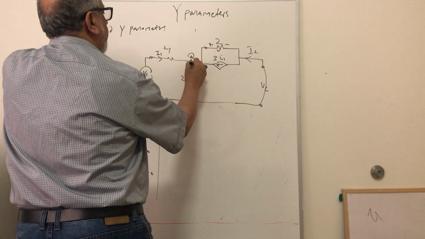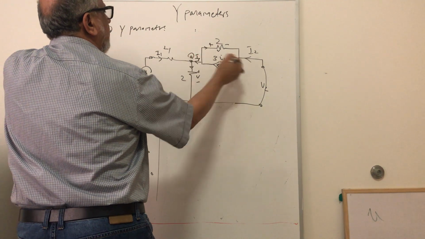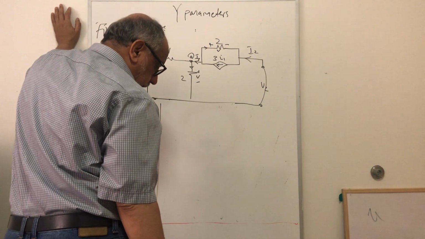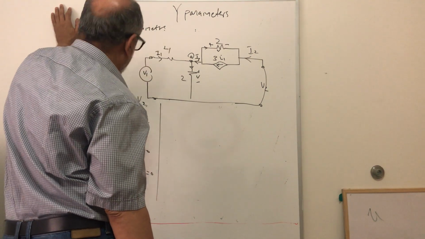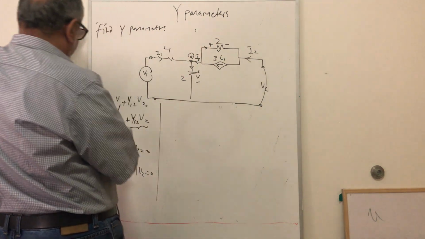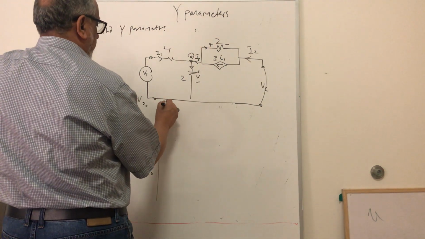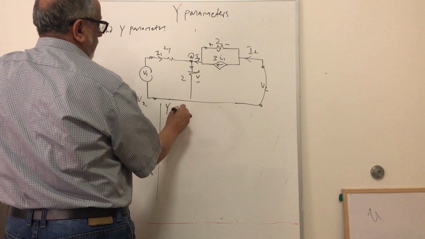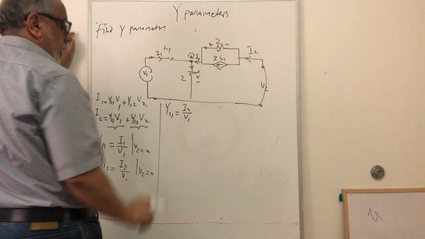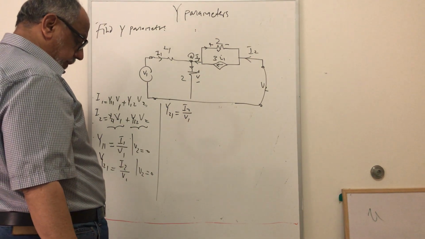So I2 is the current here actually, because this is entering here and then leaving the other side there. So we have to find a relation between I2 and V1, so that will give me Z21.